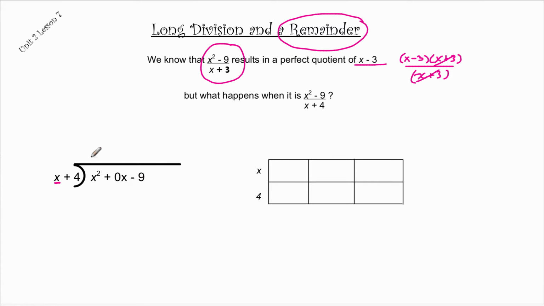X times x gets me this x squared. X squared plus 4x. Draw your line, and remember now we add the opposite. So we take the opposite, which means we're really subtracting, and we start our algorithm all over again.